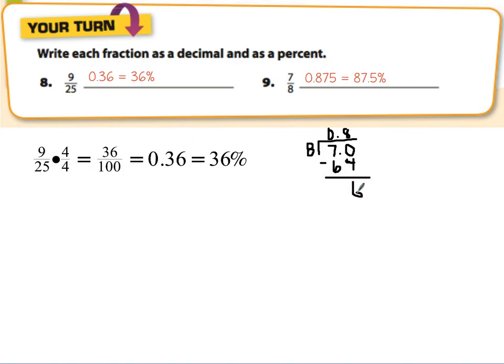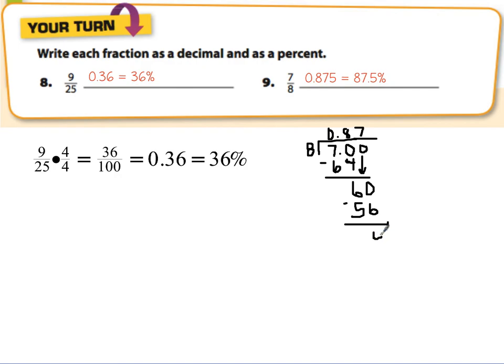I'm left with 6. Add another 0 and bring it down. It gives me 60. So 8 goes into 60, and I know that goes in 7 times, because 8 times 7 is 56. My number can be smaller, it can never be bigger.